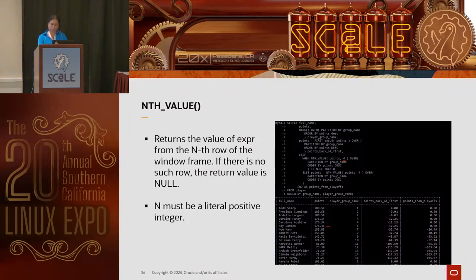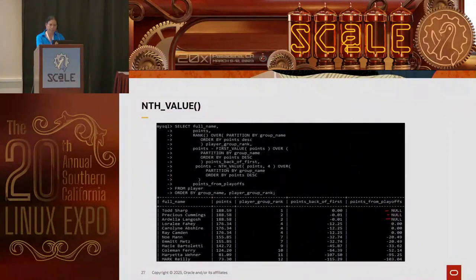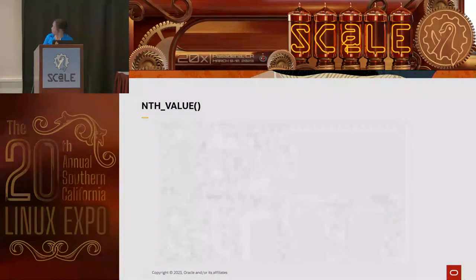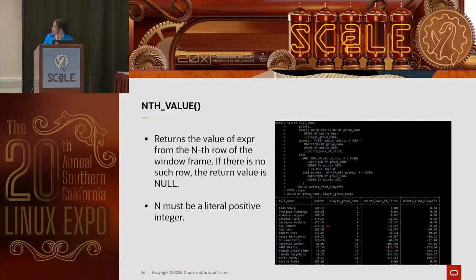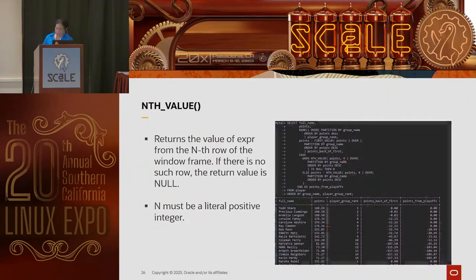I'll show you some more examples here, because this nth value is a moving frame. If you look at this one, I removed the case statement, so now it will show null. The previous one showed 0, because we are using the case statement, so if it is null, it shows 0.